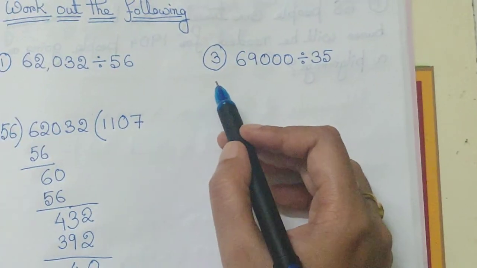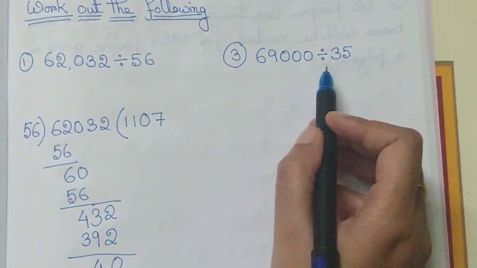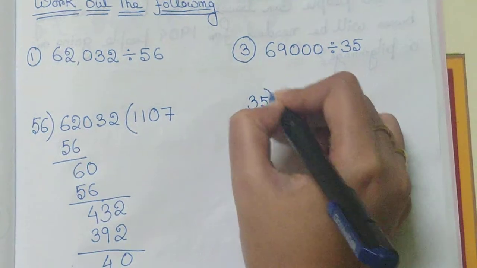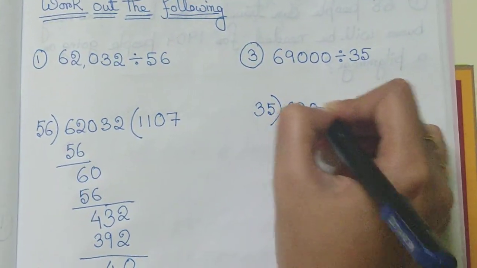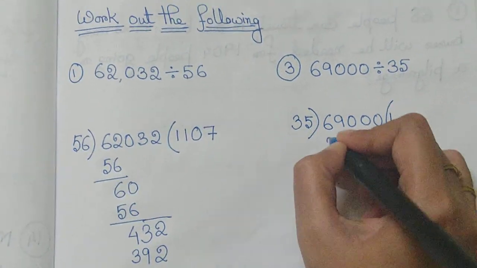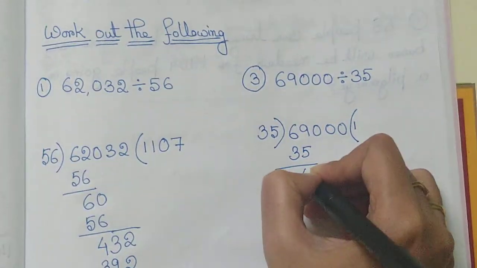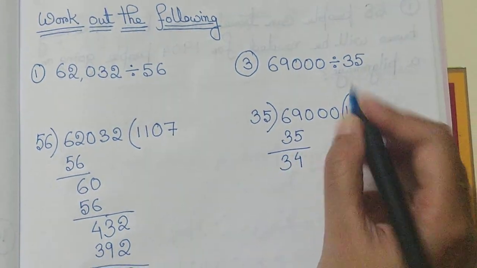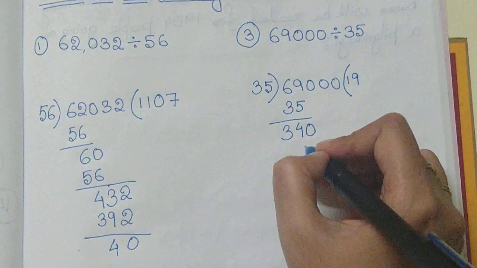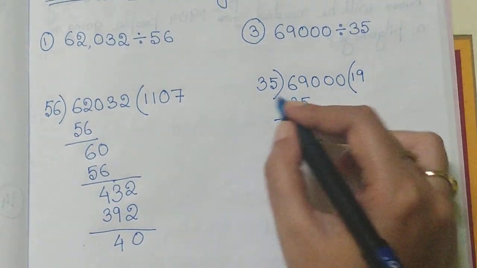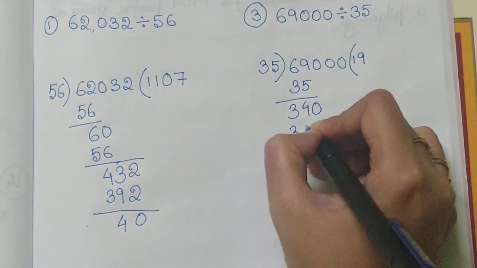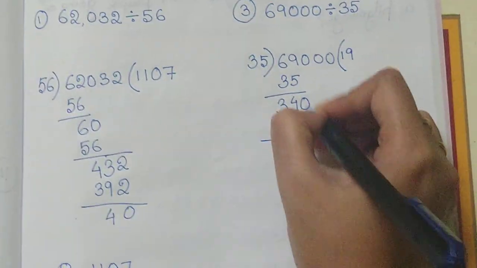Now we are going to solve sum number 3. 69,000 divided by 35. So again 1 thirty-five is 35, 34. Now 0 will come down. So 9 fives are 45, 4 in hand, 9 threes are 27, 28, 29, 30, 31. So 5, 25.